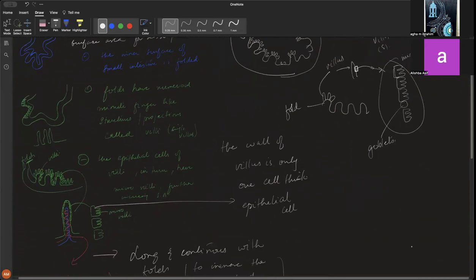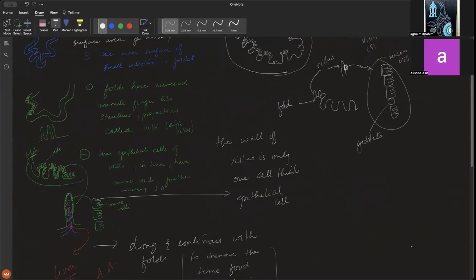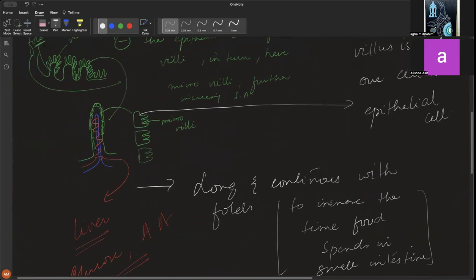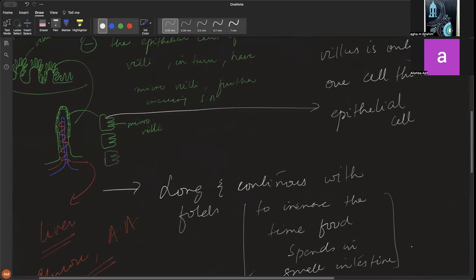This increases the surface area to a huge extent, right? If you look at a villus, it has a special type of structure which looks like this. This is the structure of a villus.